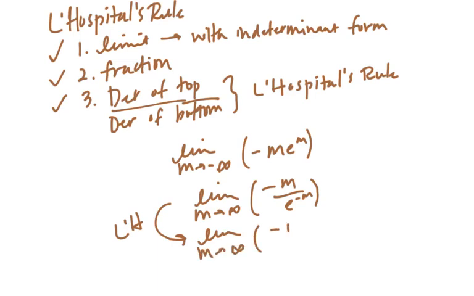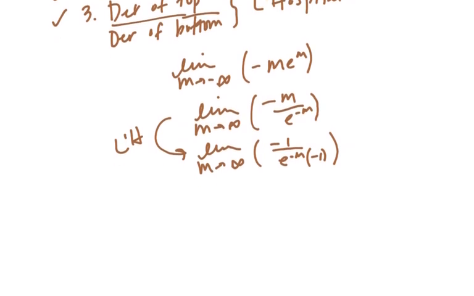Now the derivative of the top is negative 1, and the derivative of e to the something is e to the same thing, and it's chain rule, so we have a negative 1 here. So this means that we have the limit as m approaches infinity of 2 negatives make a positive over e to the minus m.